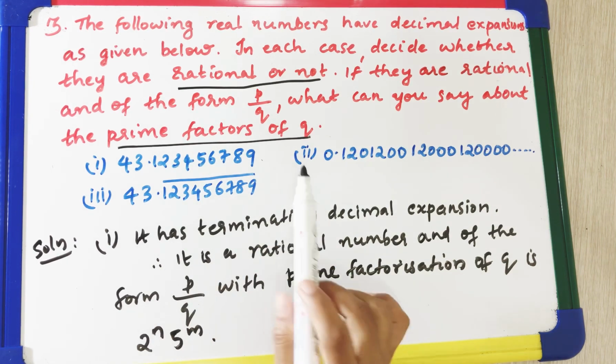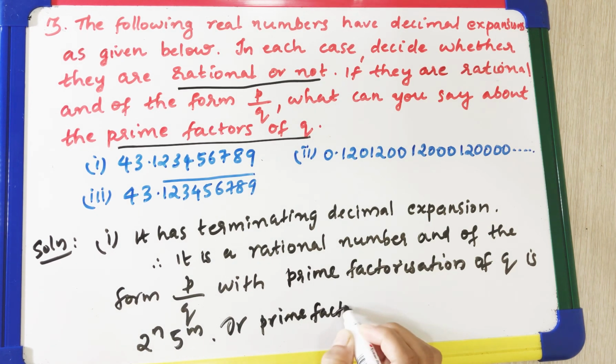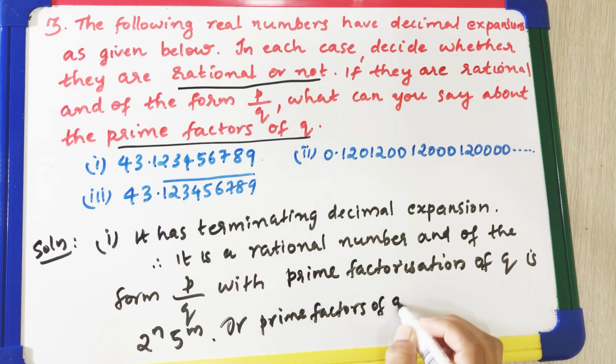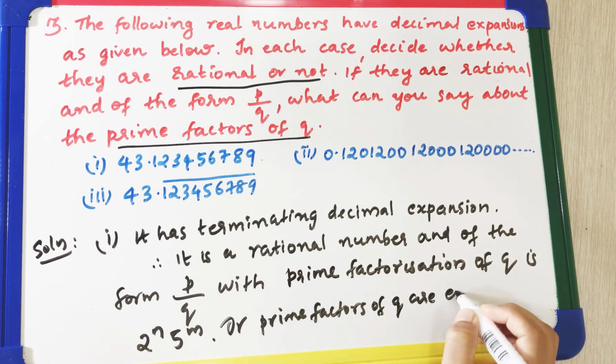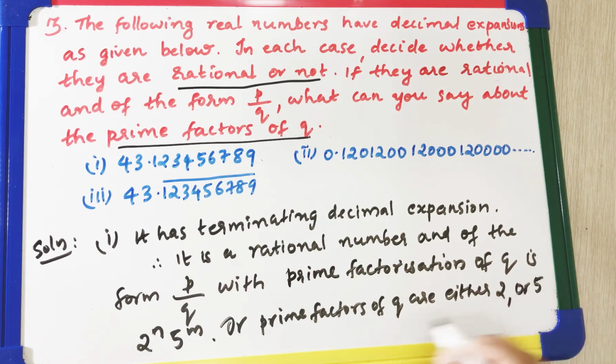Or we can say that prime factors of q are either 2 or 5 or both 2 and 5. No other prime factors in the factorization of q.